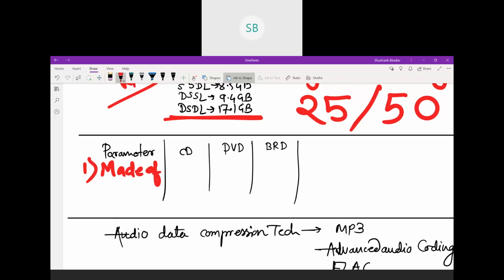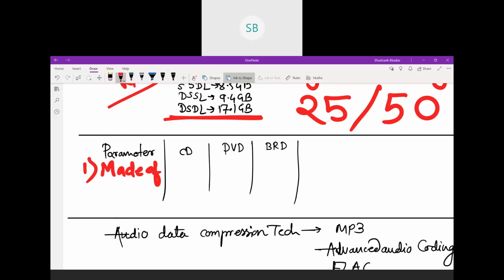Coming to the next, what is the minimum pit length? This is also important. Then what kind of laser is used? In CDs we have infrared. In DVD it is the visible red laser, and in HD DVD and Blu-ray DVD we have the visible blue laser.